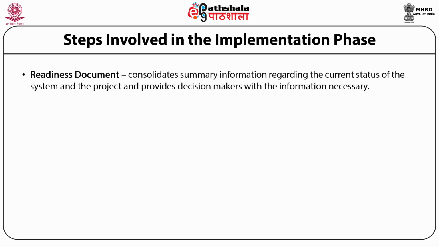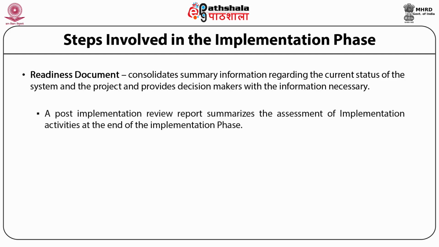Now this consolidates summary information regarding the current status of the system and the project and provides decision makers with the information necessary. It may include a checklist of all work products, acceptance test results, other indicators of success, measures, and deliverable acceptance.